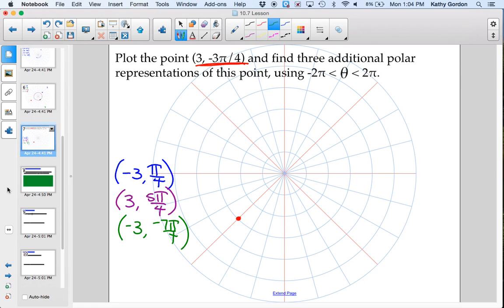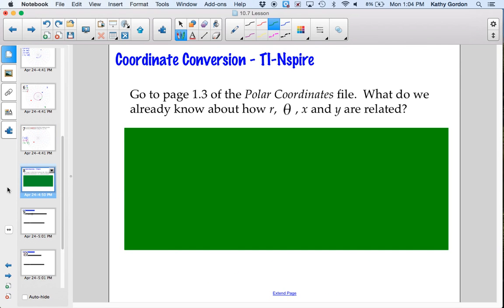Okay, go back to your calculators for a second and go to 1.3.